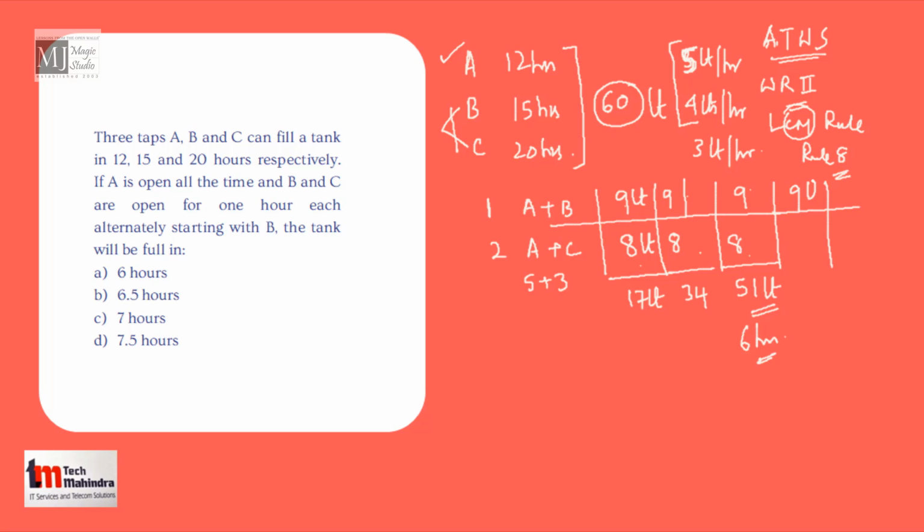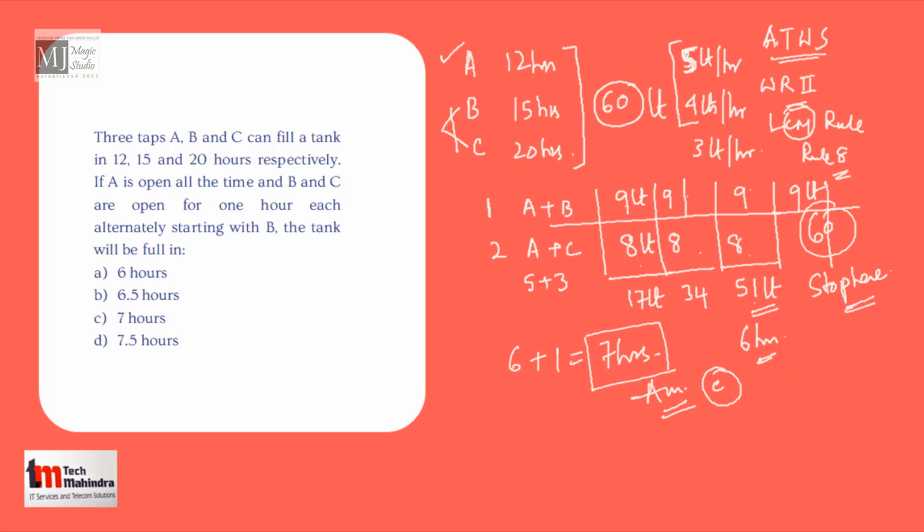Now, in the next hour, 9 liters would be pumped in. 51 plus 9 is 60. We shall stop here because our tank is full. So our tank is full by 6 plus 1 equals 7 hours. It will require 7 hours for these pipes, working in this order, to fill up this tank. Option C fits.